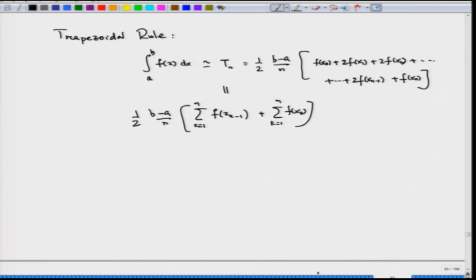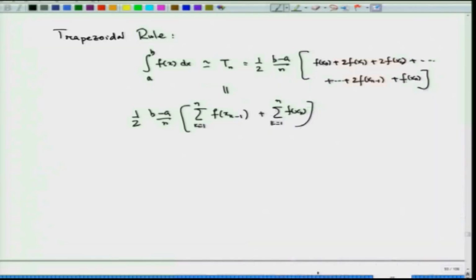Half times f of x k minus 1 plus f of x k is the area of each trapezium in the region x k minus 1 to x k, and you add it up, then you approximate the integral. This is the trapezoidal rule.